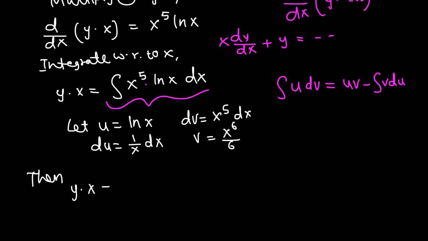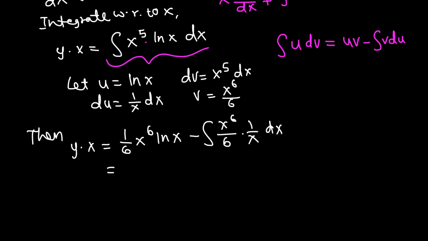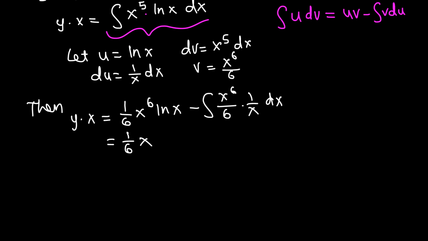Okay, then we have y times x on the left hand side, integrating by parts here, uv, so this one times this, minus the integral of v du. So x to the 6 ln x over 6, minus 1 over 6 we can pull outside.